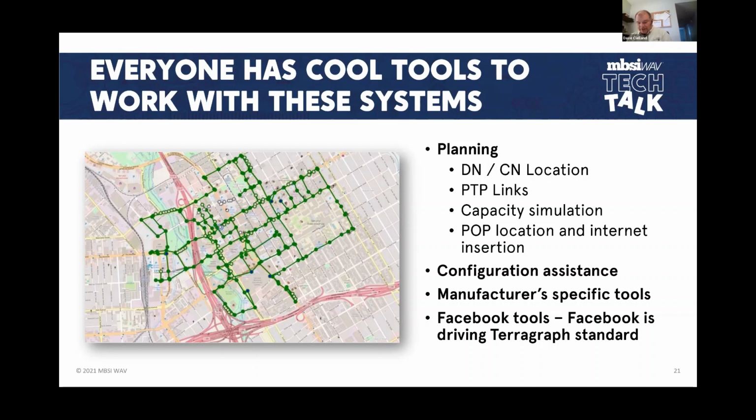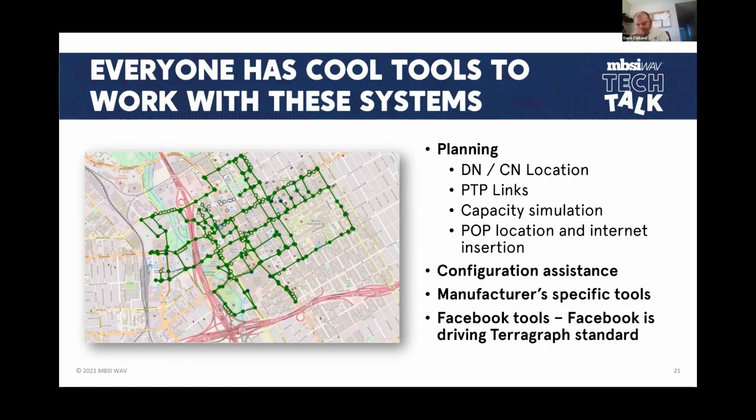So in this case, I've got a client right here, let's say, and I might have the ability to connect to that distribution node or this distribution node, and my cool tools here are going to be able to tell me which one is going to be the best one to connect to, so that I can maintain the highest performance on my network.